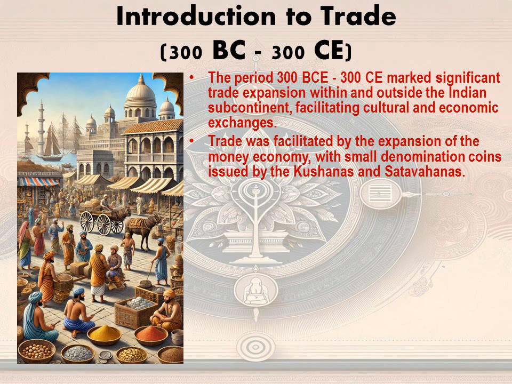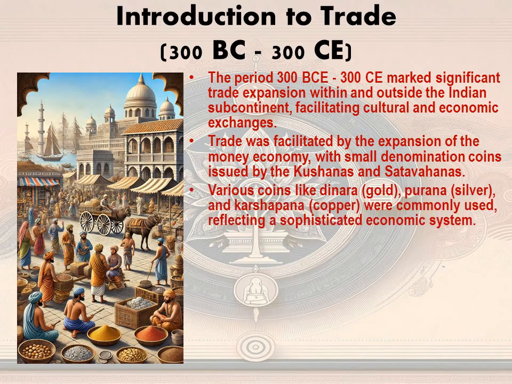Money was the main thing that used to control trade, and there were lower denominations of coins issued by big empires like Kushanas and Satavahanas, which helped in the spreading of trading activities.